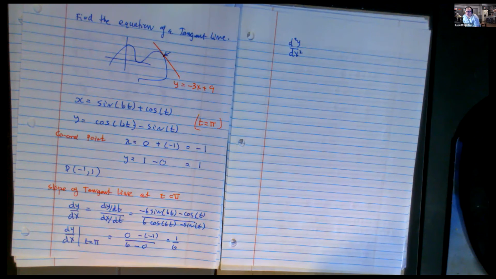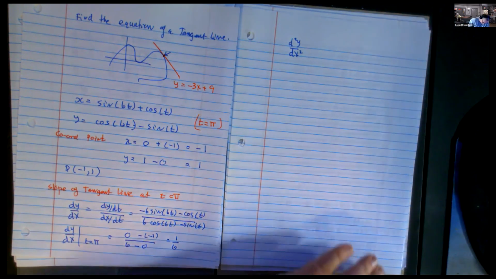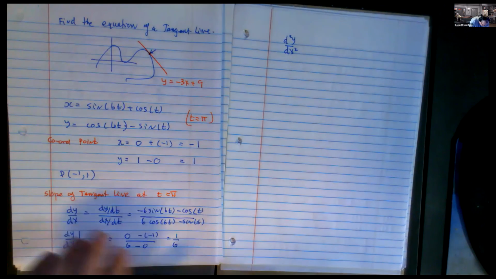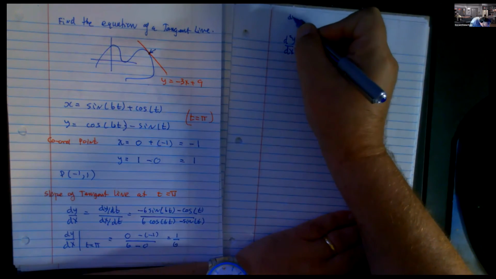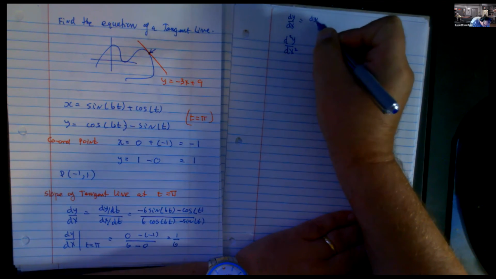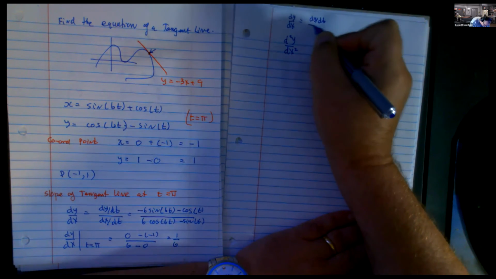And you notice I'm using that d squared y dx squared notation. That's just the second derivative of a parametric curve. And its formula is nowhere near as elegant as the first one. So let me just write down above it the formula for finding the first derivative.